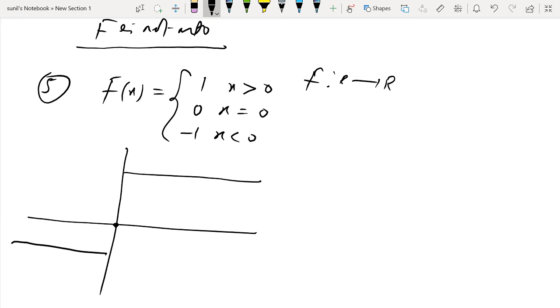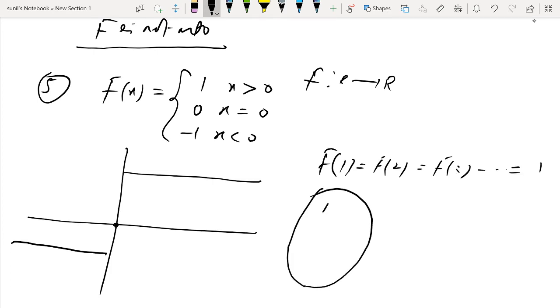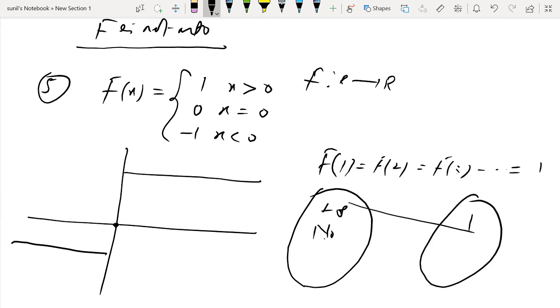Now clearly for every positive number the image is 1. It means it is a many-one function. f at 1, f at 2, f at 3, every positive number maps to 1. So you can say that f is many-one.